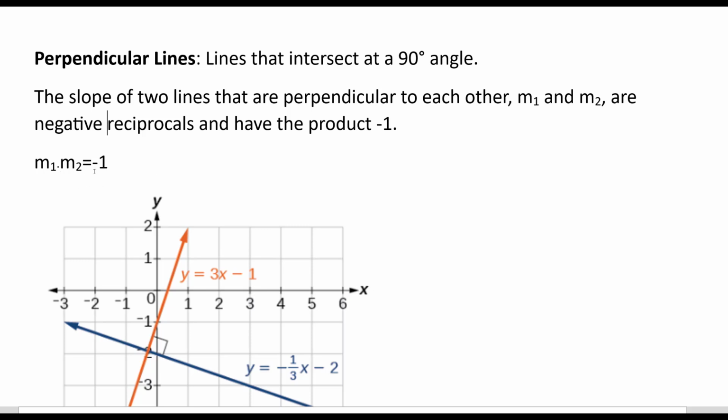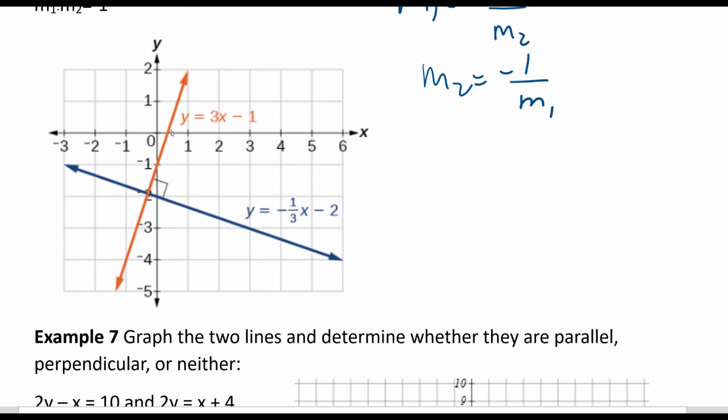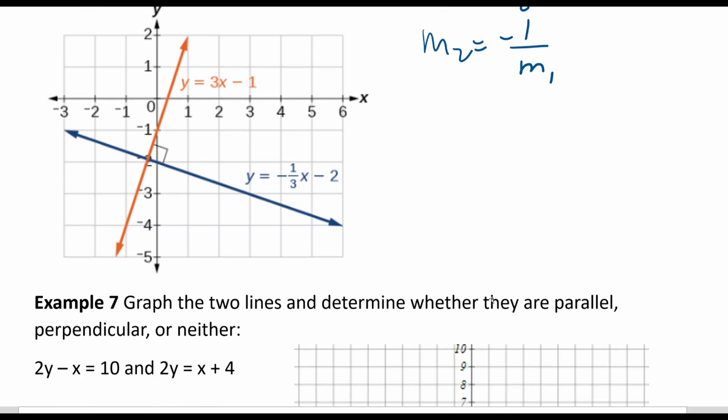So M1 times M2 is -1, or M1 equals -1 over M2, or M2 equals -1 over M1. Looking at these two perpendicular lines, the orange one has a slope of 3, and the blue one has a slope of -1/3. Those are negative reciprocals: one's positive, one's negative.